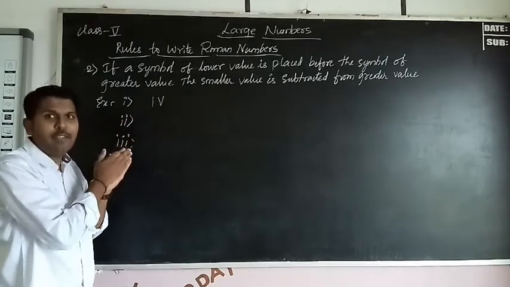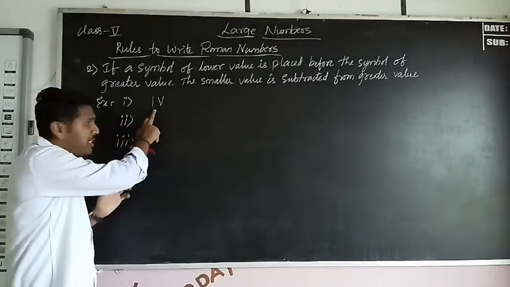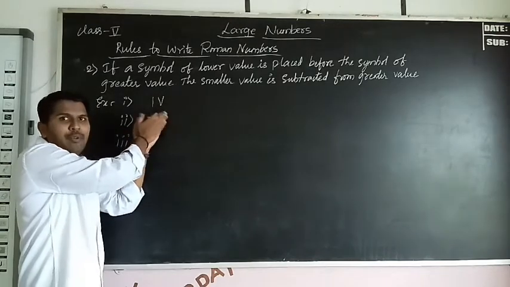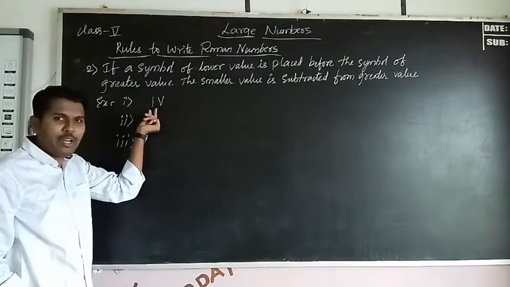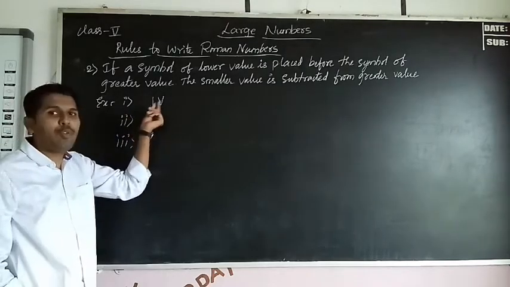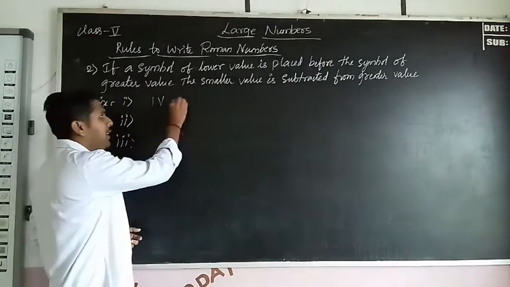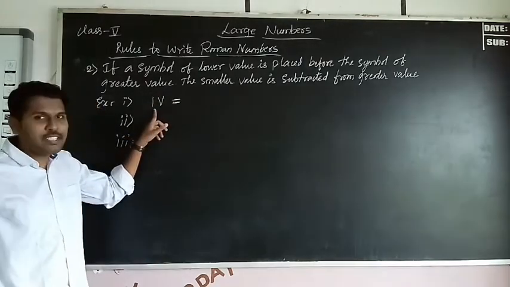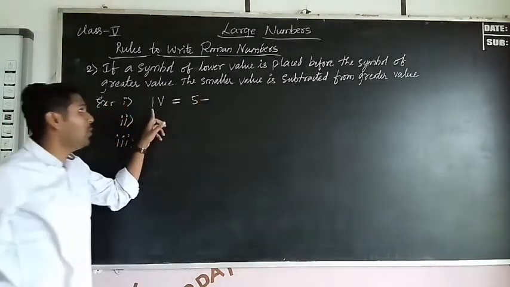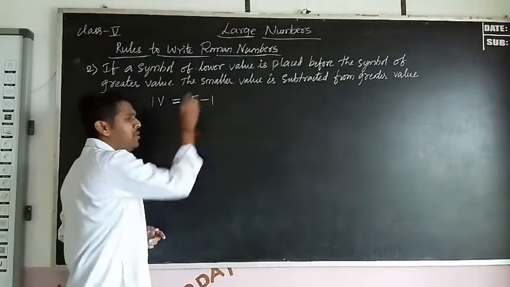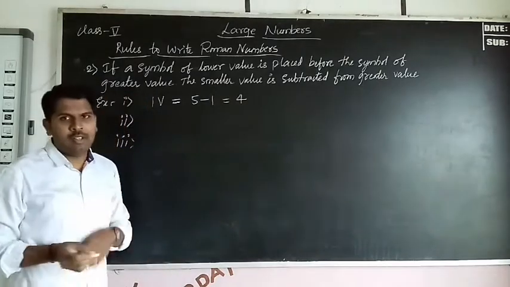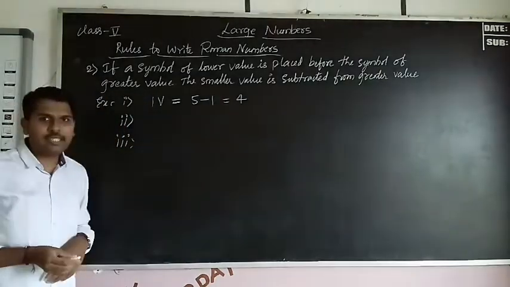Placed before means you can subtract. Before means subtraction. If the smaller value is placed after the greater value, you can add. So here smaller value is placed before. Before means you can subtract the smaller value from greater value. So here subtraction, that means V value is 5 minus what is the value of I? I means 1. 5 minus 1 means that is 4. That is 4.